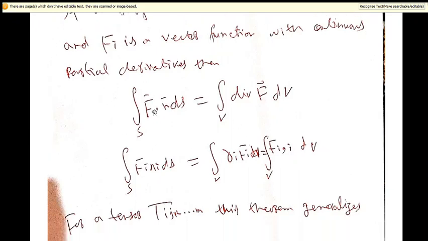Further, F dot n, you can write as Fi Ni. This is basically the dot product, the scalar product of two vectors. What is n? n is basically the normal of that surface.